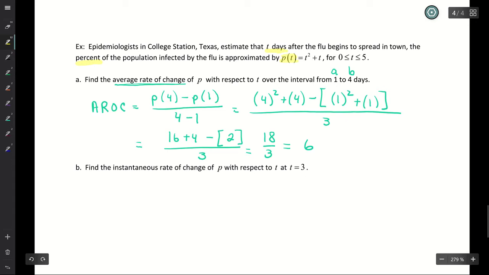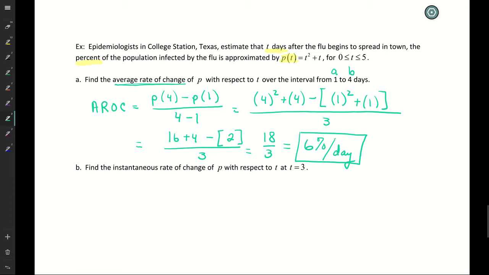And so this would actually be 6% per day. And if you wanted to write the words percent instead of using the percent symbol, that would be fine. So we notice that between these particular days, the influx of the flu is growing, and it's growing at 6% a day.